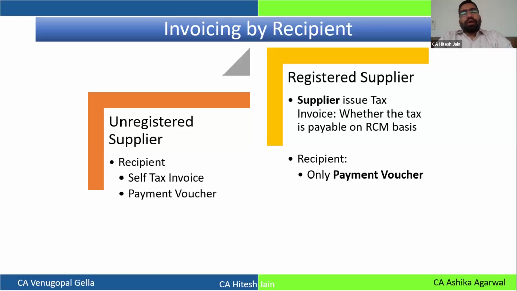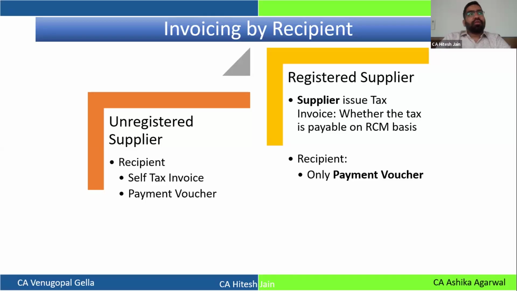Now, in case of reverse charge, first we need to see whether we have availed the goods or service from a registered supplier or from an unregistered supplier. If we have availed such goods or service on which tax is payable on reverse charge basis, then the onus to issue an invoice also lies on the recipient. That concept takes the term of self-invoicing.